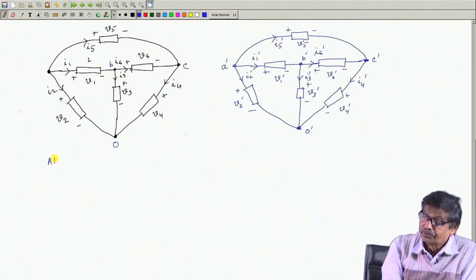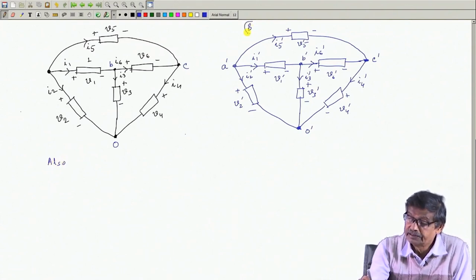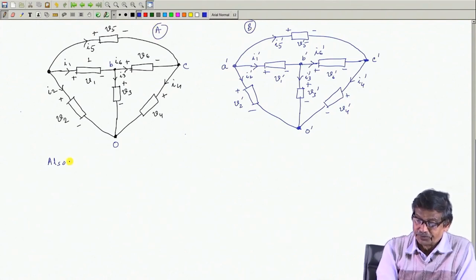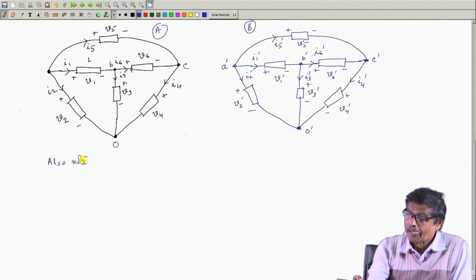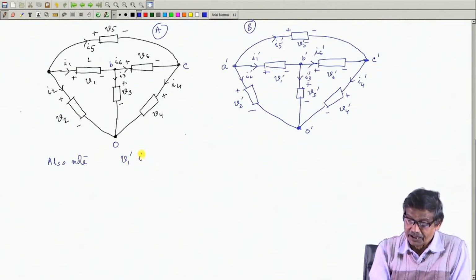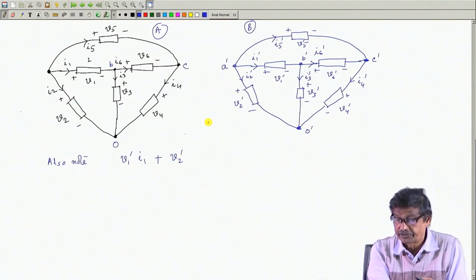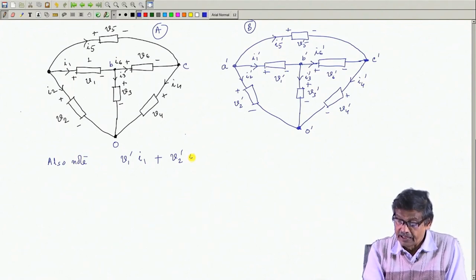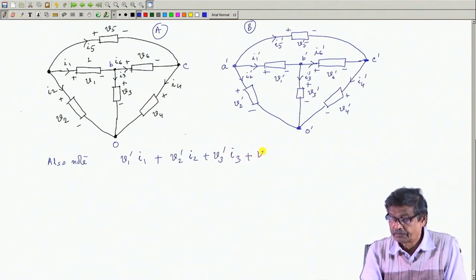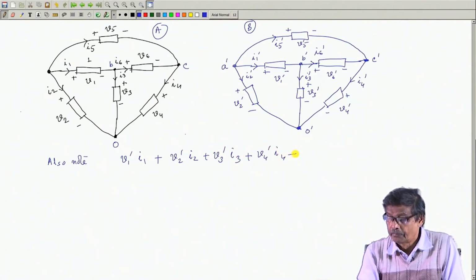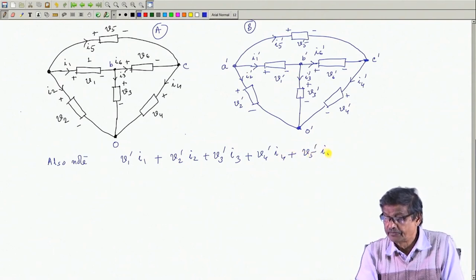Also, this is network B, this is network A. Also note that V1 dashed into I1, plus V2 dashed, voltages of this network multiplied by the respective current in the first network, that is network A, actual current I2, plus V3 dashed I3, plus V4 dashed I4, plus V5 dashed I5, plus V6 dashed I6.